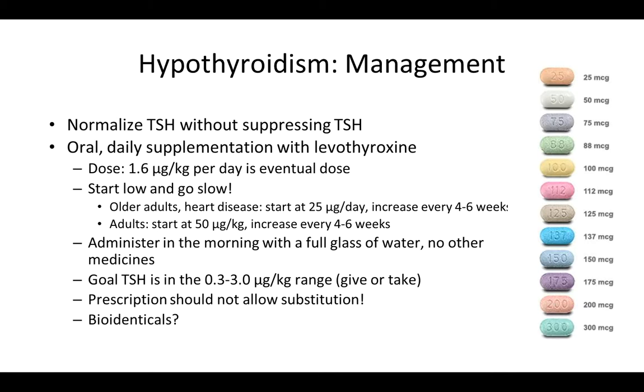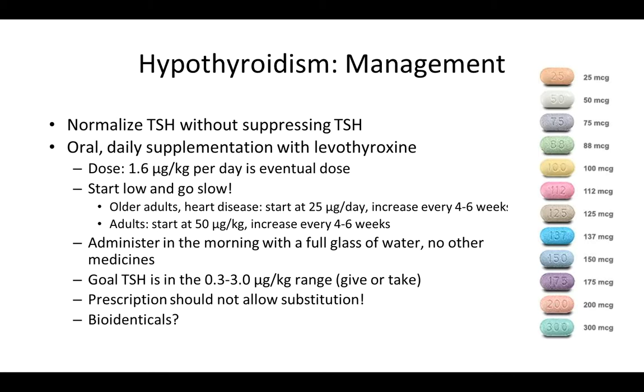Patients need to take this in the morning with a full glass of water and no other medications, and ideally they should wait an hour to let it absorb before they start eating. So it's helpful to have patients keep this by their bedside, take it when they first wake up in the morning, then they can get up, shower, brush their teeth, get ready for work, and then they can go eat breakfast. The goal is for the TSH to stay in the range of 0.3 to 3, give or take.